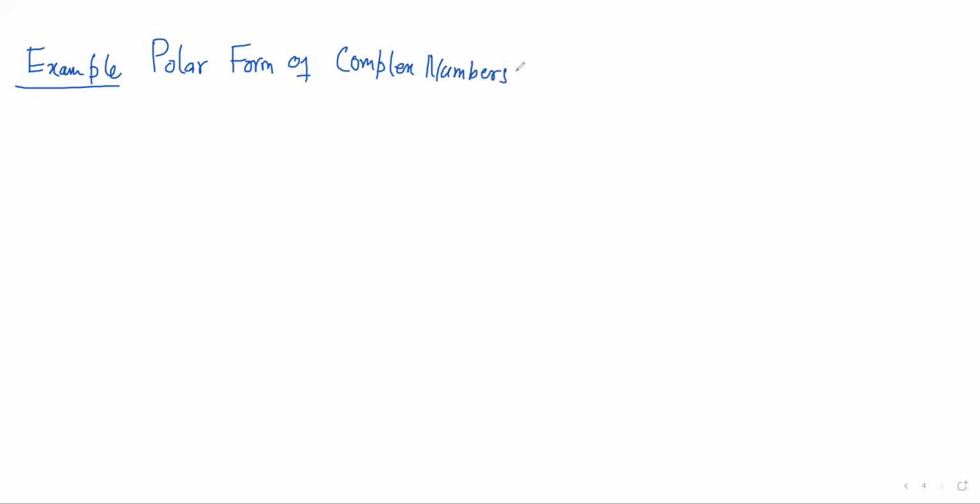Okay. So the next example will illustrate the polar form of complex numbers.